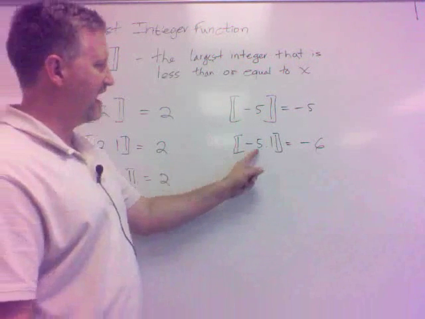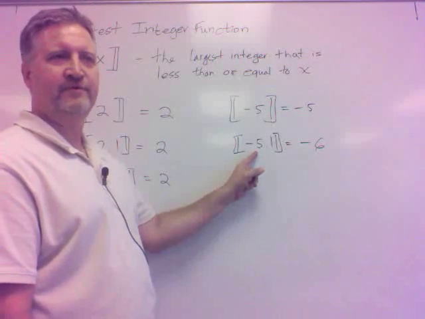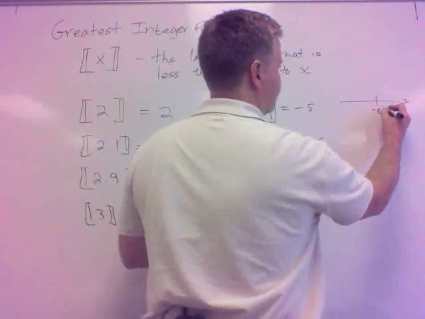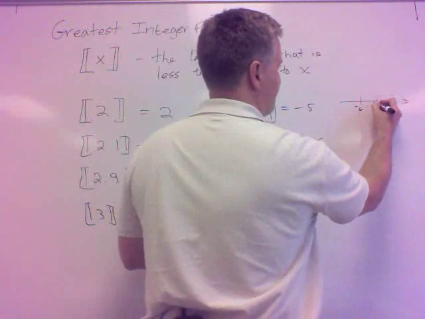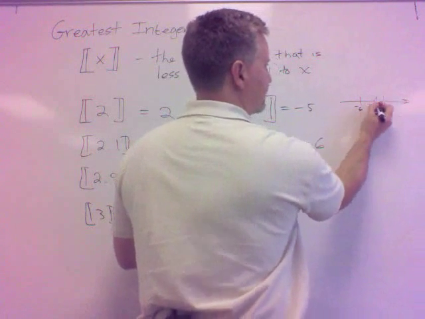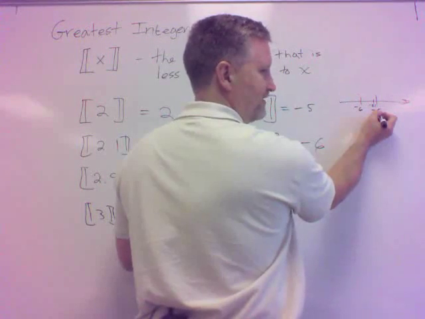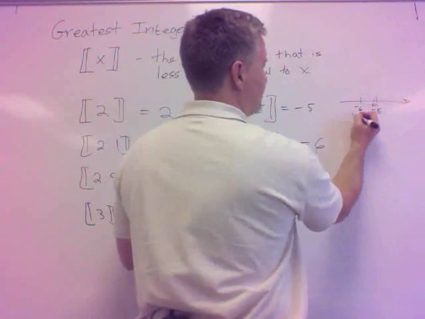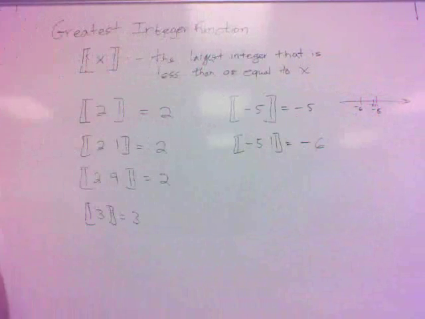Because negative 5 is actually greater than negative 5.1. Think of the number line: here's negative 5, negative 6, so negative 5.1 is here. So the greatest integer is not negative 5, it has to go back to negative 6. Okay, be careful on the negative side of things. It's the same, but it's sort of different.